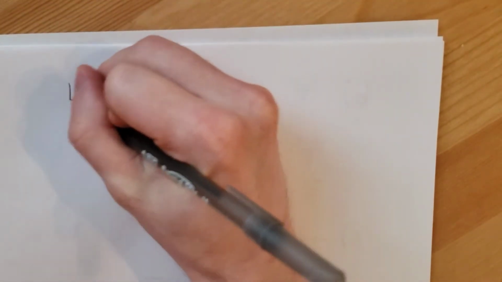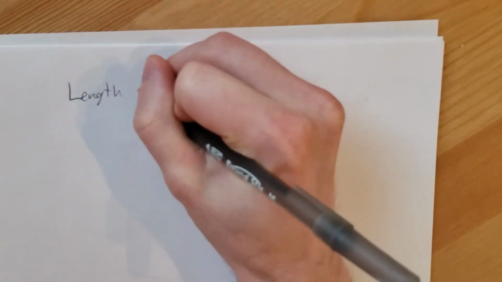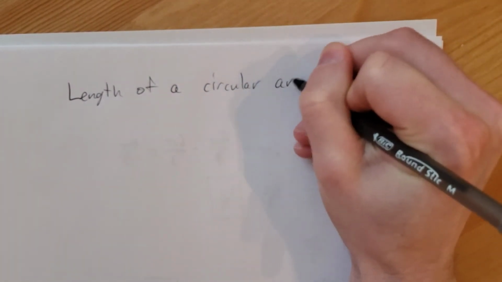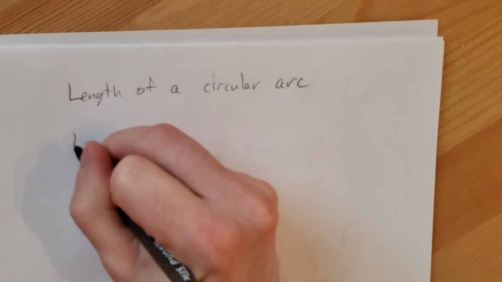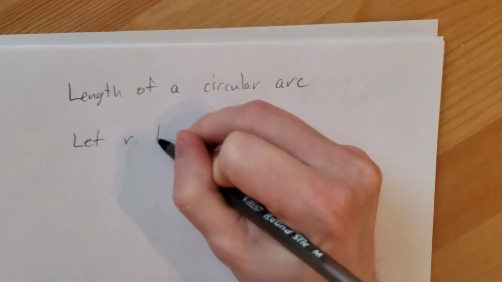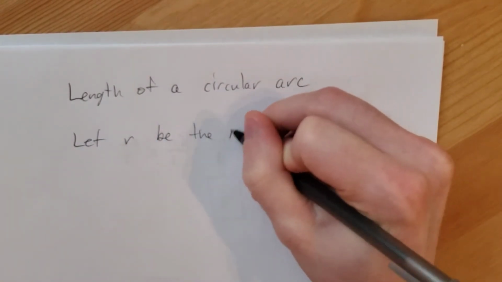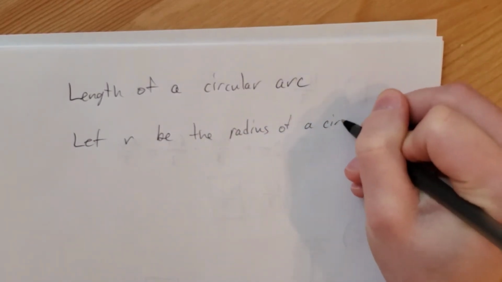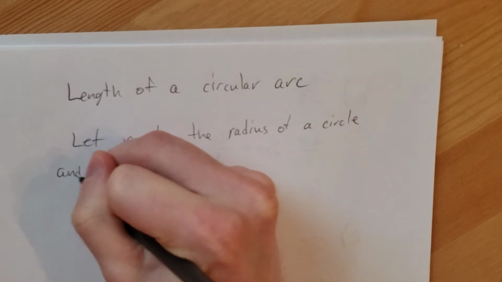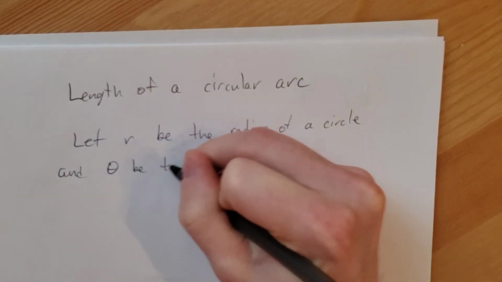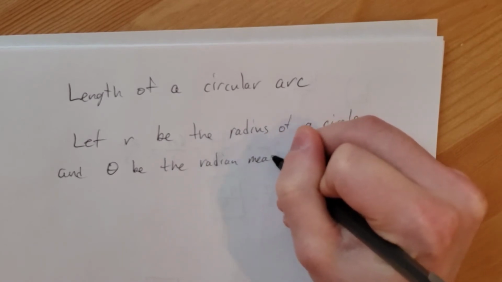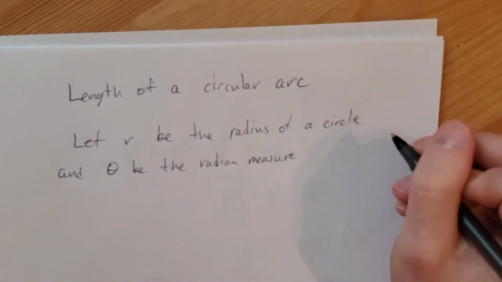And let's discuss the length of a circular arc. Let R be the radius of a circle, and theta be the radian measure. It is important that you measure this angle in radians.